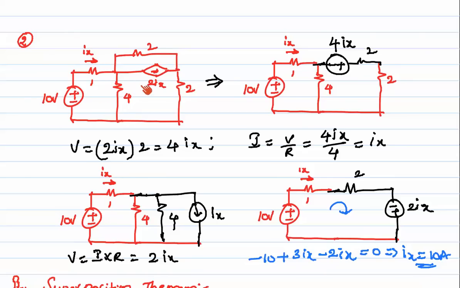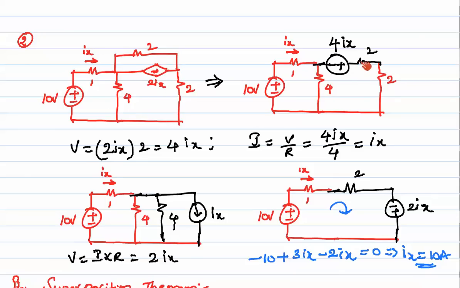Depending upon this Ix value, we have 2 into Ix as a current source. That is, it is a current dependent current source. We can apply the source transformation technique for dependent sources. So we will write this current source in parallel with the resistance as a voltage source in series with the resistance, with plus and minus here, and V is equal to 2Ix into 2, which is 4Ix.